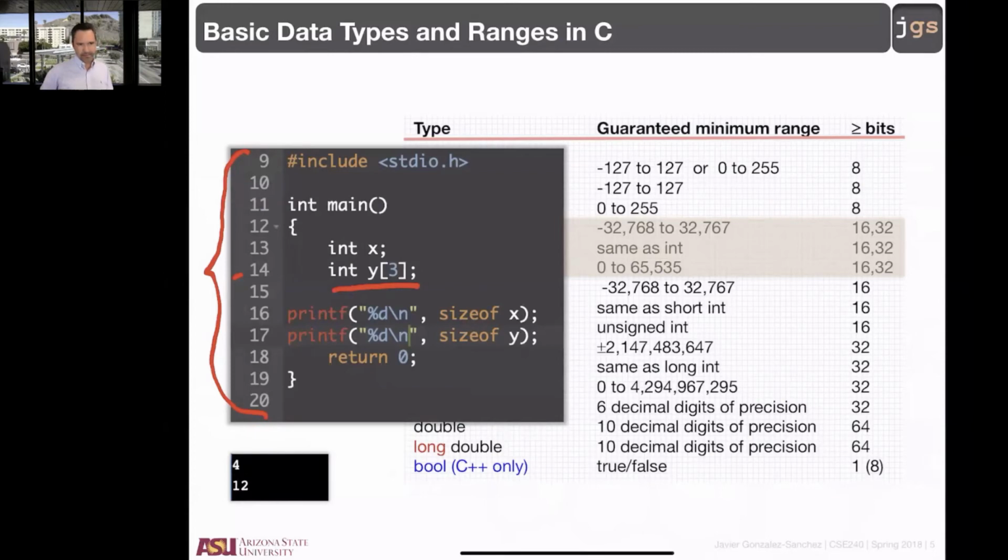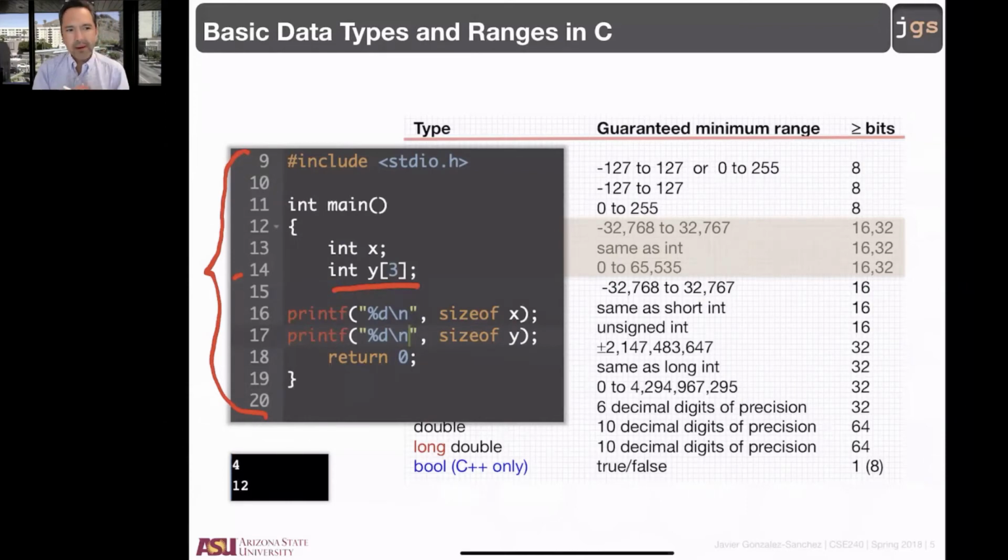A variable, integer, with the name y and square brackets. Good news. The square brackets, they represent arrays, not only Java, but also in C++. 14 is an array with 3 elements.